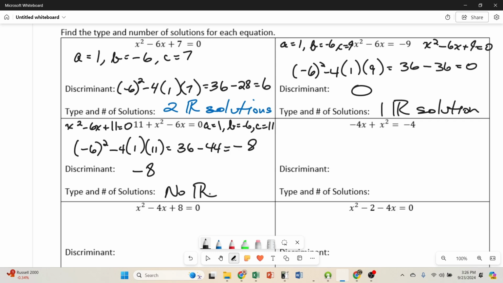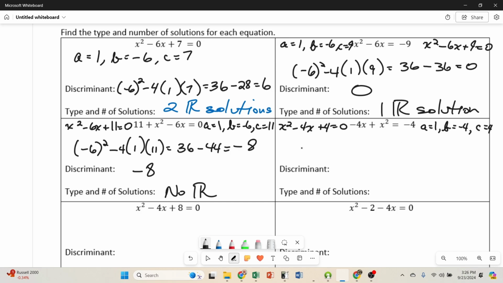Either 2, 1, or 0. No real solutions. So this would be x squared minus 4x plus 4 equals 0. a is equal to 1, b equals -4, c equals 4.